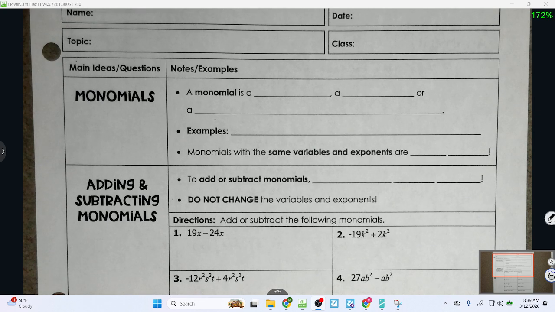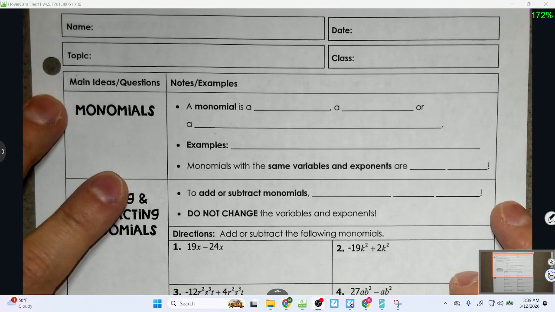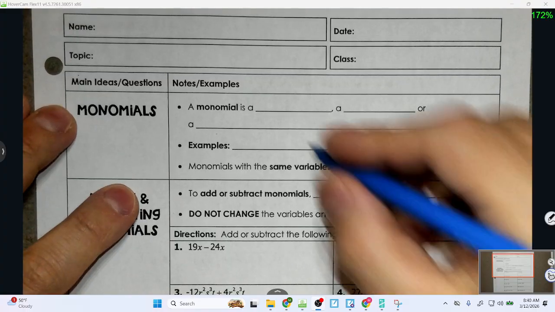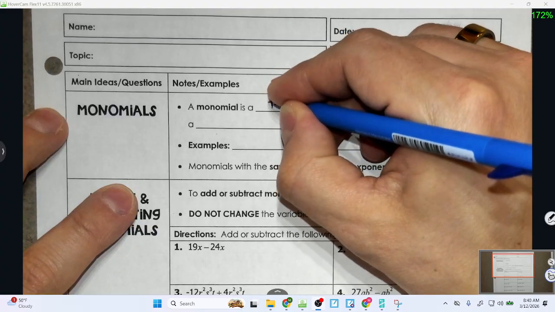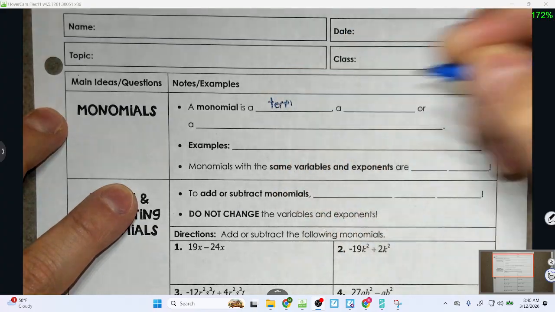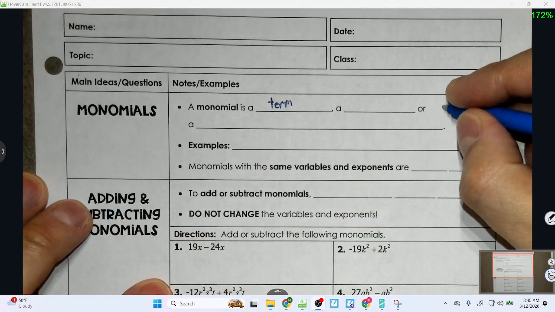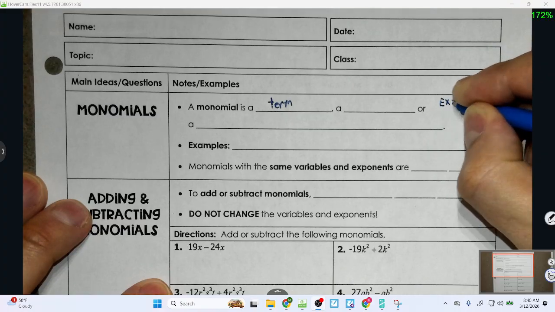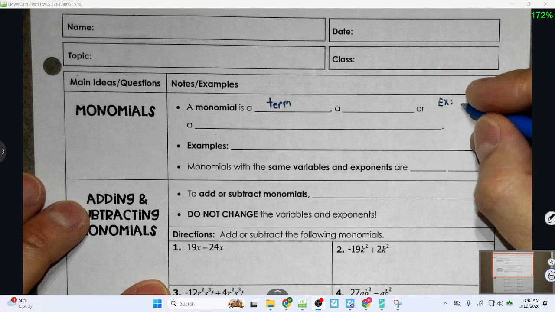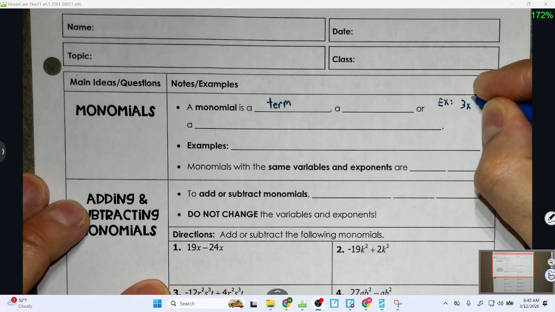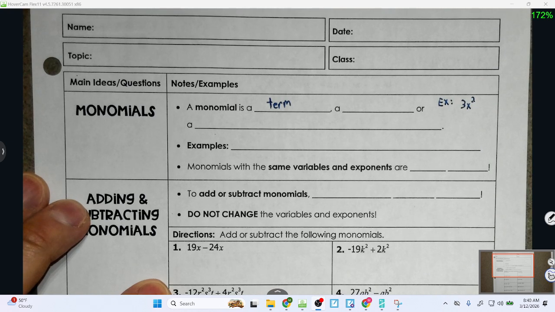Okay, so in this video we are talking about monomials. A monomial is basically a term. What I mean by monomials are things like 3x squared, that's a monomial, okay?